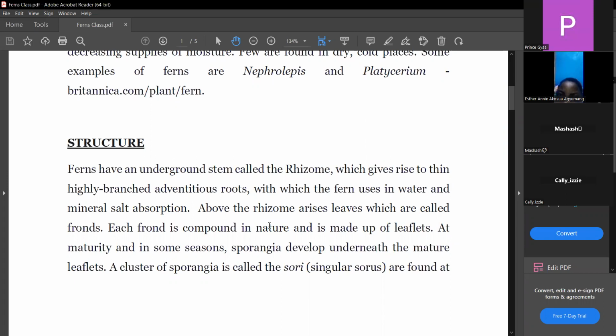Can you mention another example of an underground stem aside the rhizome?